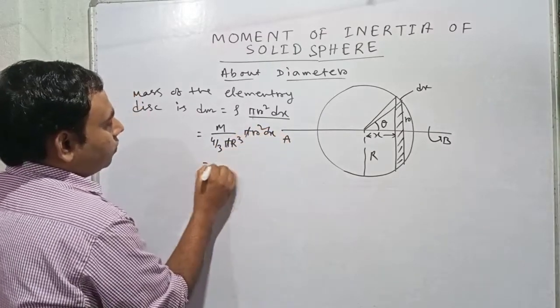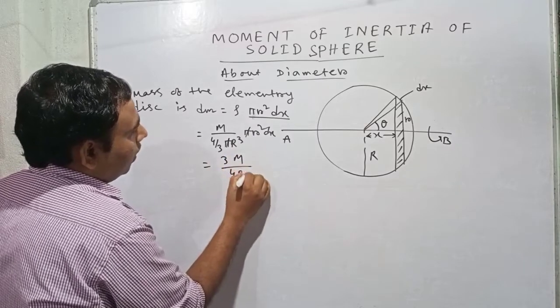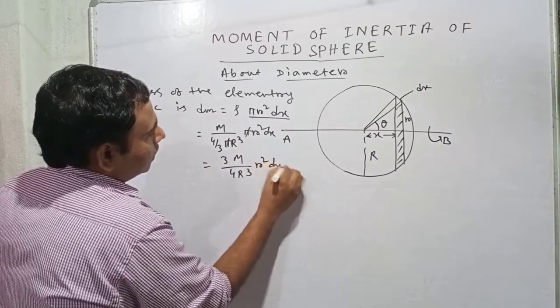Pi cancels out, giving 3m divided by 4 R cube, r square into dx.